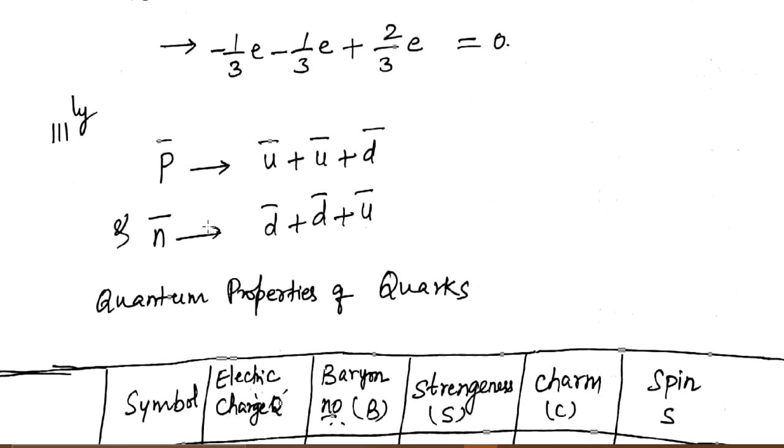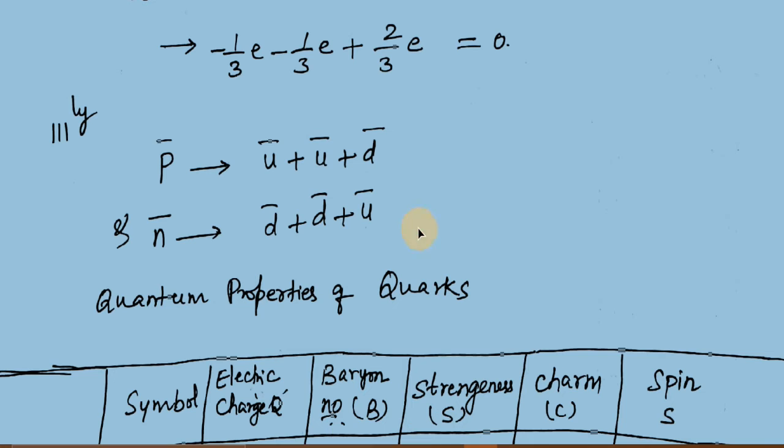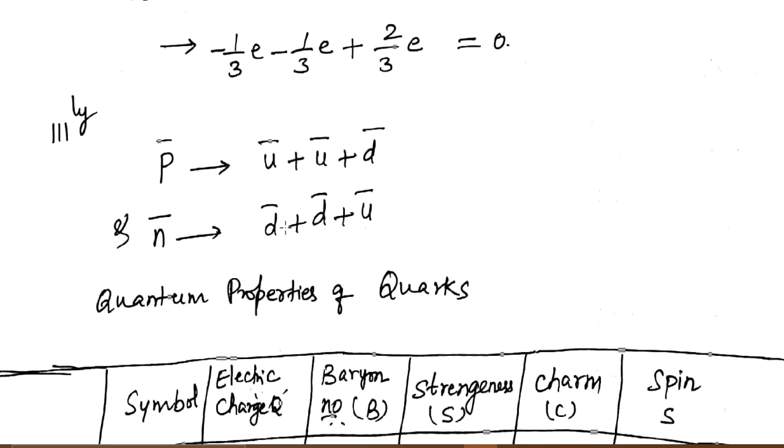Similarly, an antineutron is due to 2 anti-down quarks, D complement plus D complement, and 1 anti-up quark, that is U complement. You just write the charges for all these things and the charge will be conserved, and thus neutron and antineutron do not have any charge.